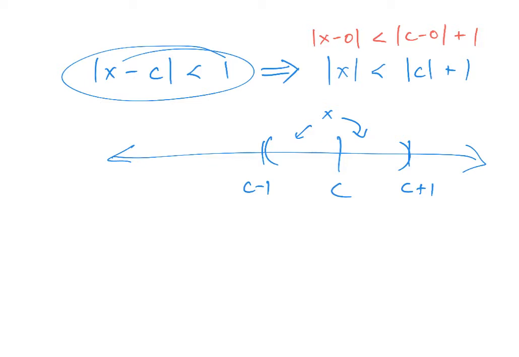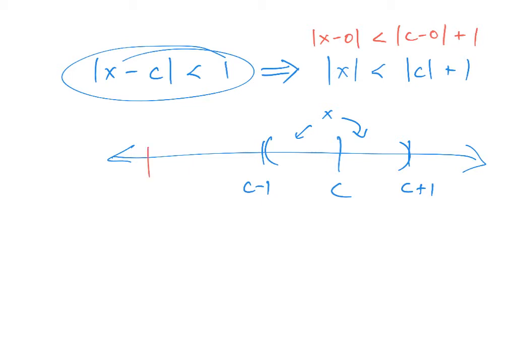On the right-hand side, we have x minus 0. That's the distance between x and 0. And we have c minus 0. That's the distance between c and 0. And we have a plus 1. So the right-hand side says the distance from x to 0 is less than the distance from c to 0 plus 1. Now we go back to our picture. Where is 0?